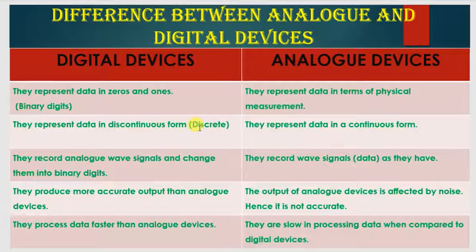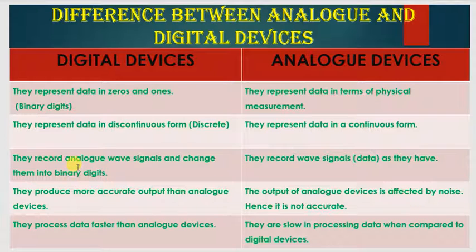They come in the form of certain values. Then here we can also say that analog devices represent data in a continuous form. From the images we saw, someone was talking through a microphone, and that wave goes in the form of a continuous wave. So all analog data and devices are in a continuous form.